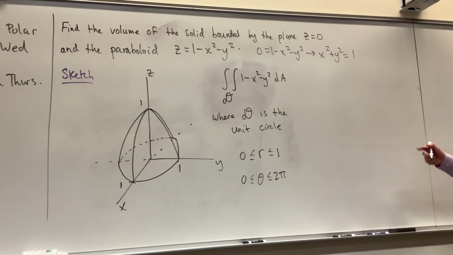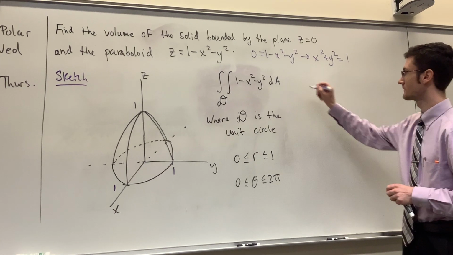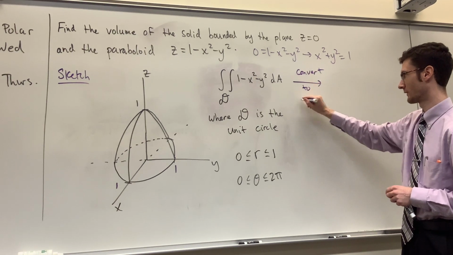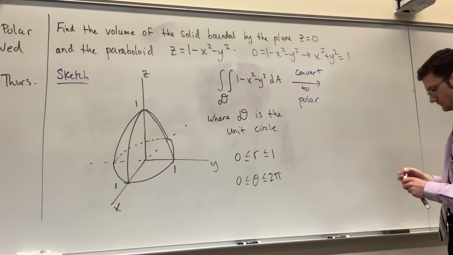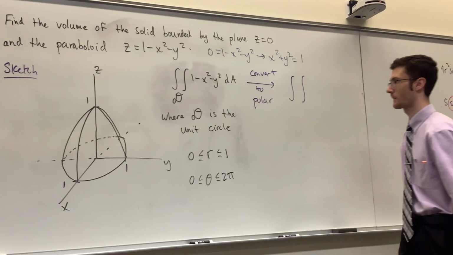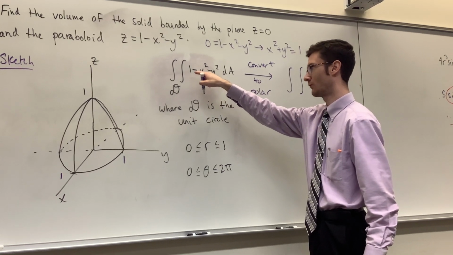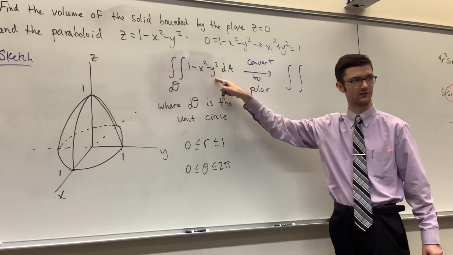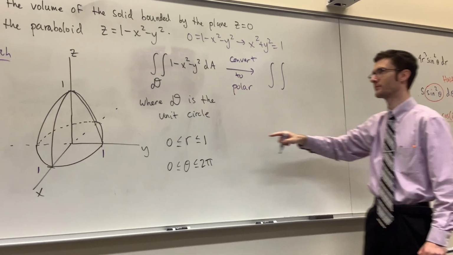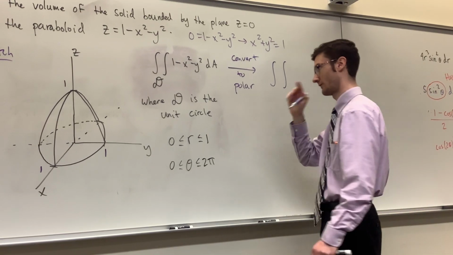So now let's do our polar conversion here. Right, convert to polar. Okay. Well, what is 1 minus x squared minus y squared in polar? 1 minus r squared sine squared theta minus r squared cosine squared theta. Yep. So that's correct, but we can do it a little faster, right?